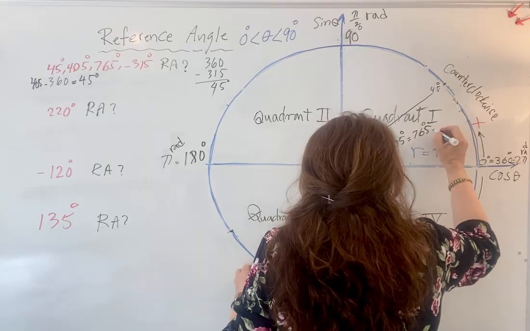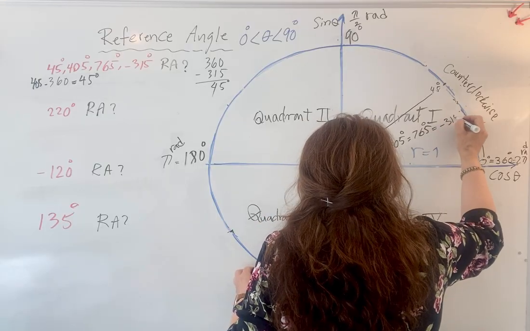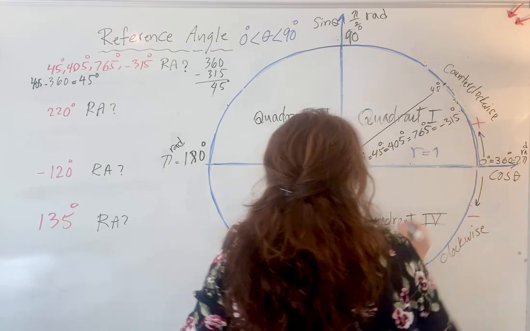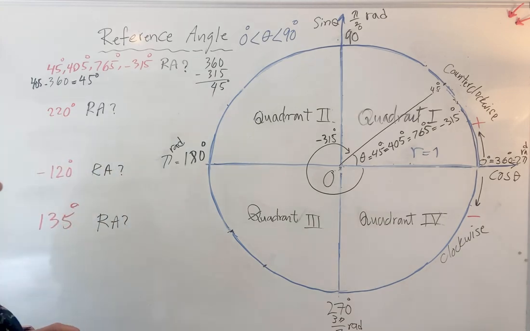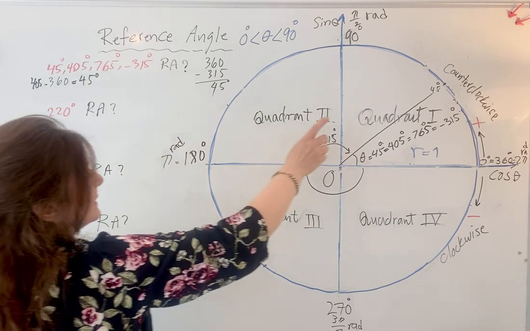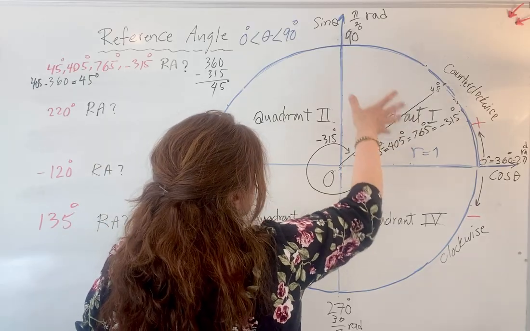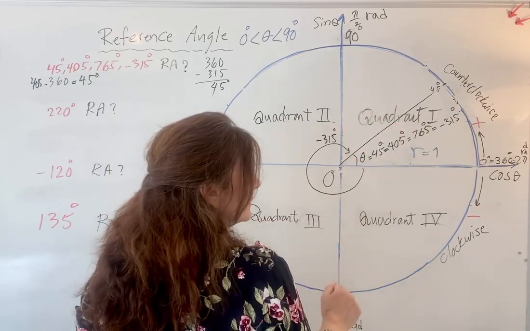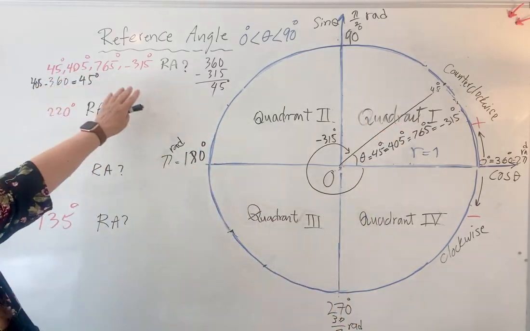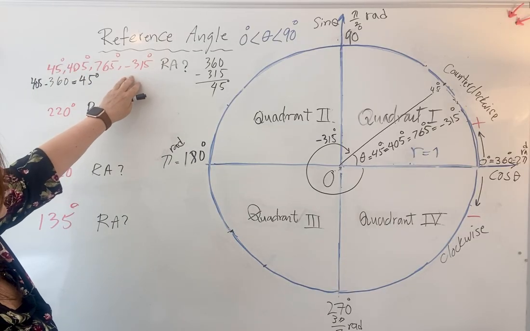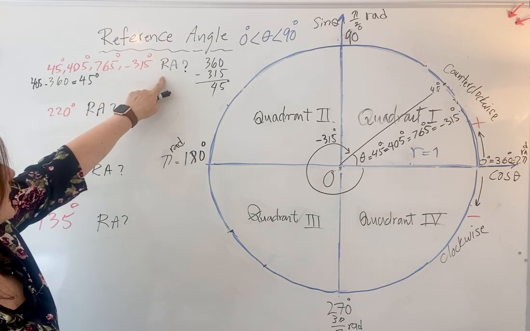So the reference angle of negative 315 degrees is the same as 45. So the reference angle is the angle between 0 and 90 in this quadrant, right? All of them have the same reference angle.